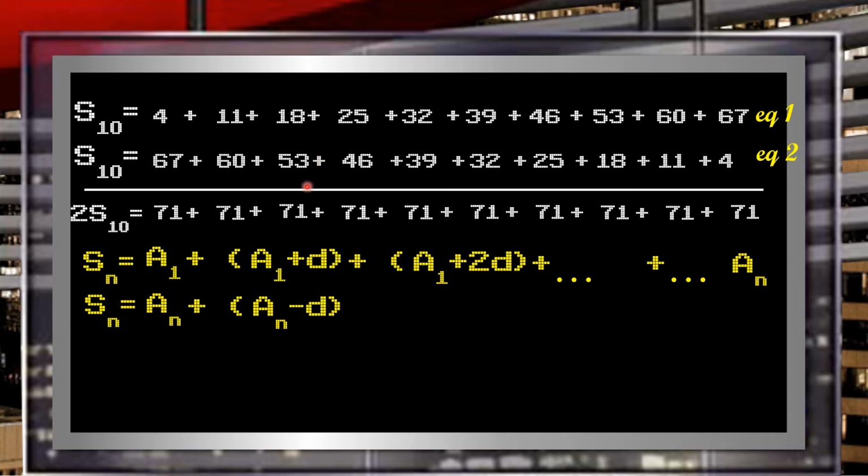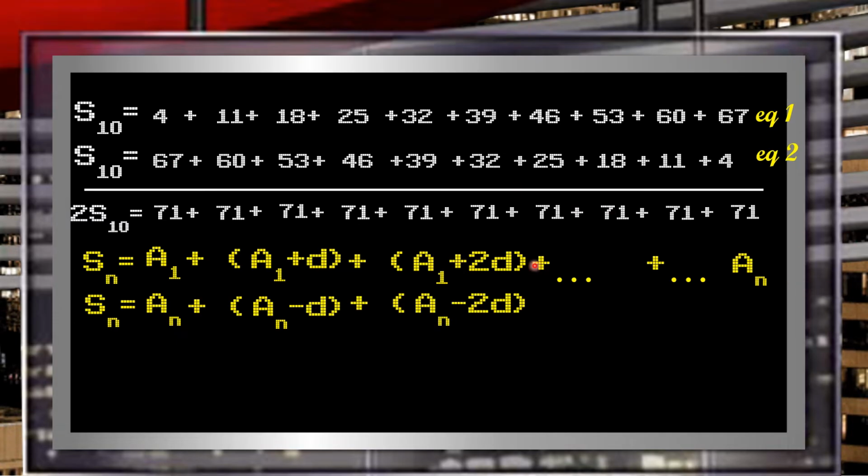Plus, how about getting 53? Isn't 53 equal to 67 minus 7 minus 7, or 67 minus two 7s, or 2d? Because 7 is our common difference. Again, 53 is our last term, 67, minus 2d.